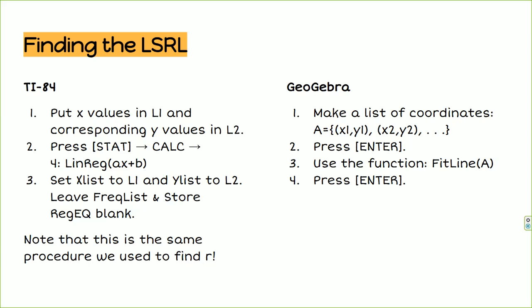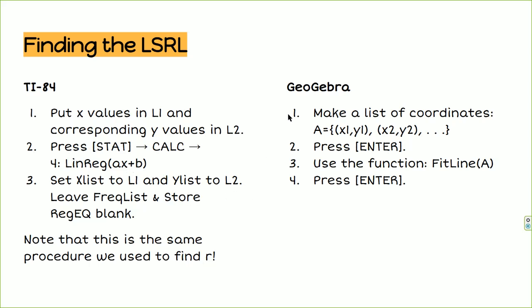On your calculator, to get the equation for the least squares regression line on a TI, it's the same process that we went through to get the correlation coefficient. Put the values in list 1 and list 2, call LinReg ax plus b. When you run it, the very first two values that come out are a and b, the slope and y-intercept of your linear regression equation.